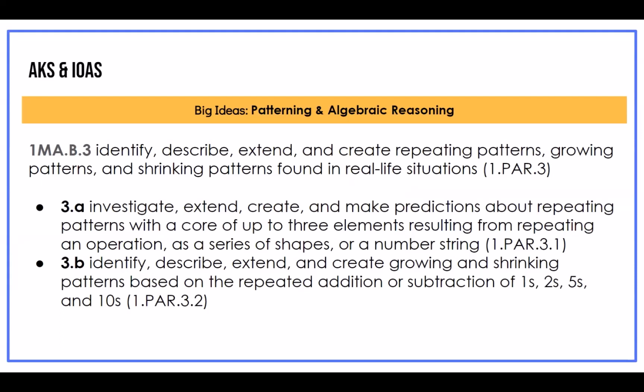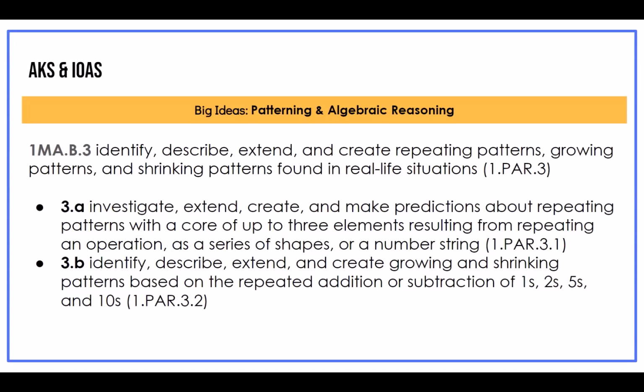Under the AKS, you will find the Indicators of Achievement, or IOAs, that we are teaching at this time. The IOAs go into further detail about the expectations for the standard. For AKS 3, we are working on both of the IOAs, 3A and 3B.